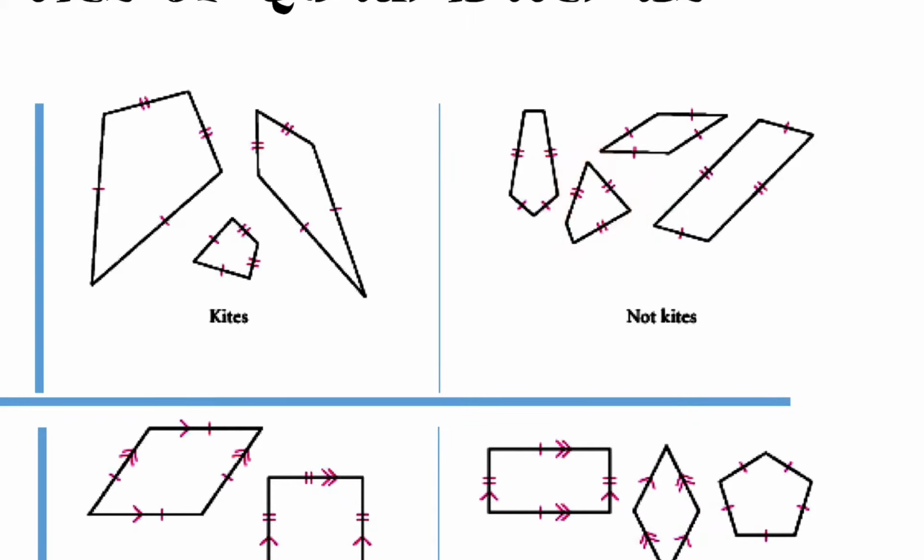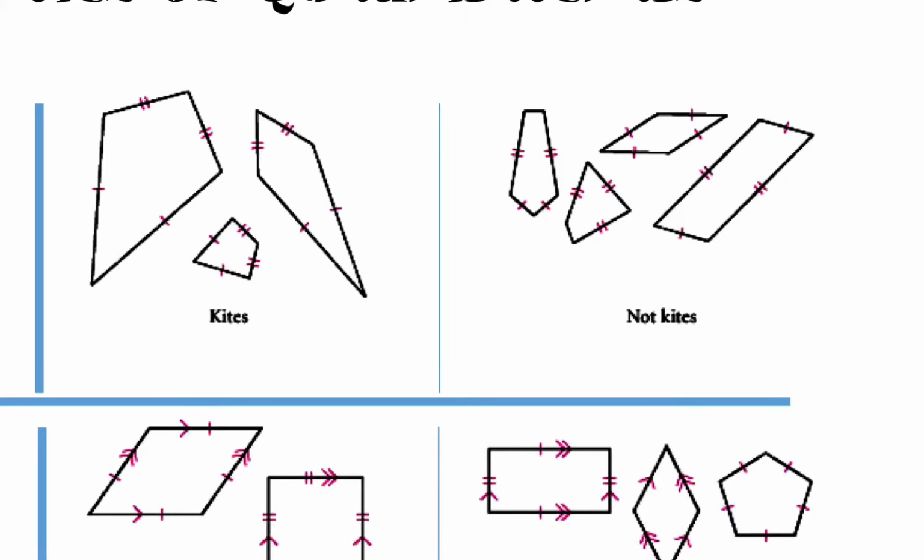In this one, we have three sides that are congruent, but not two pairs of congruent sides. Here, we do have two pairs of parallel sides, but this is not a kite.